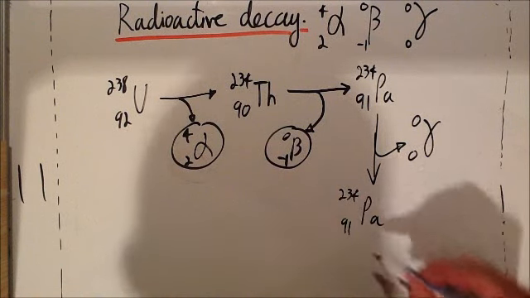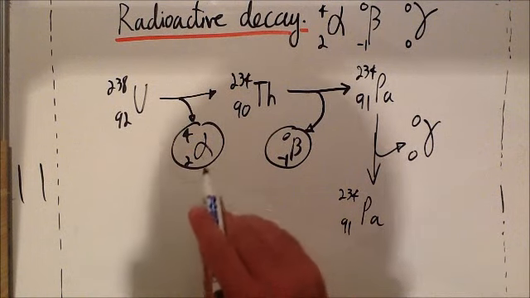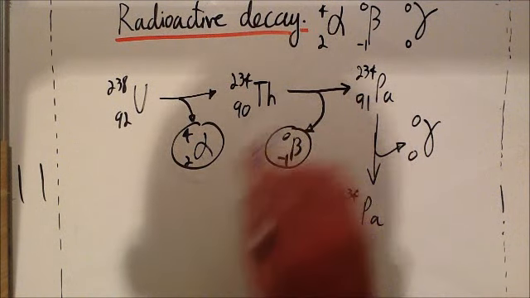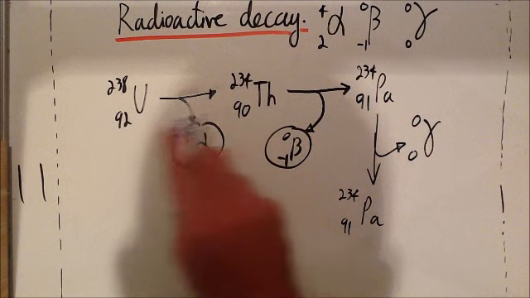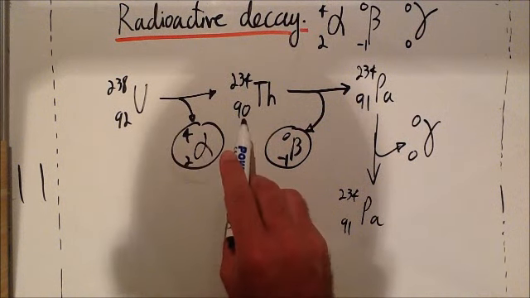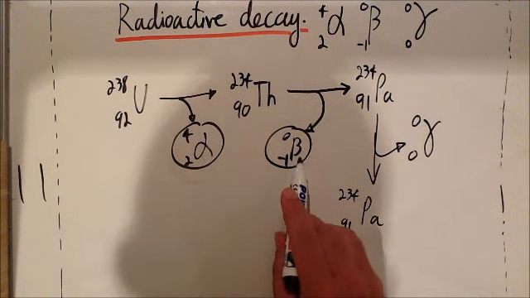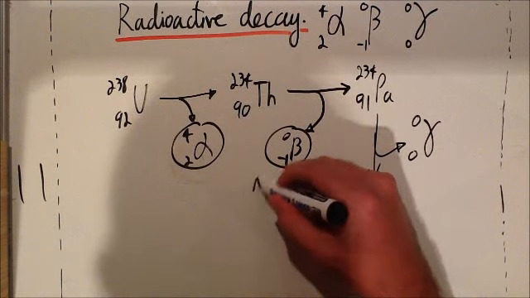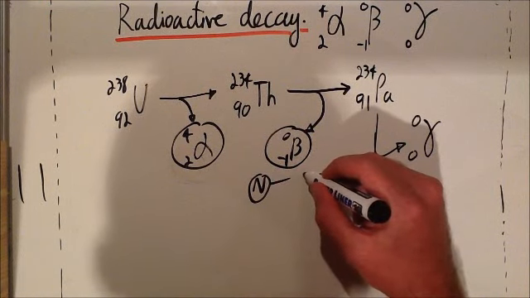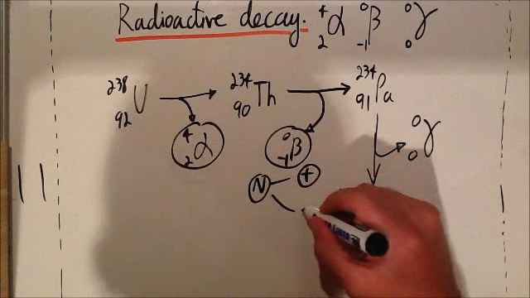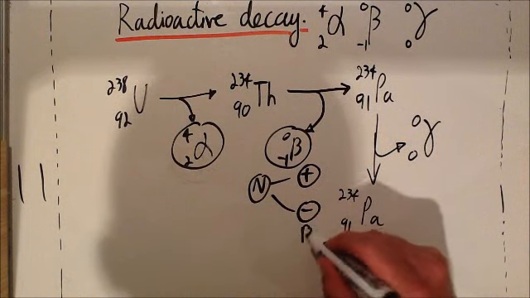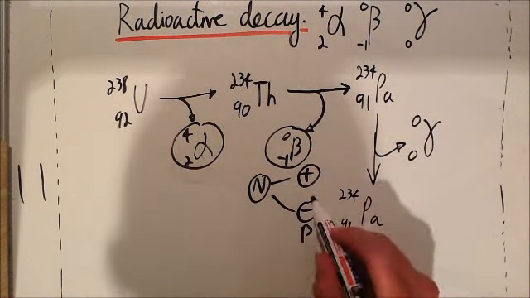Okay, so if an alpha particle, a helium nucleus, is given off, you take 4 off the mass number and you take 2 off the atomic number. If a beta particle is given off, that happens when a neutron decays into a proton and an electron, and the electron here is basically this beta particle.